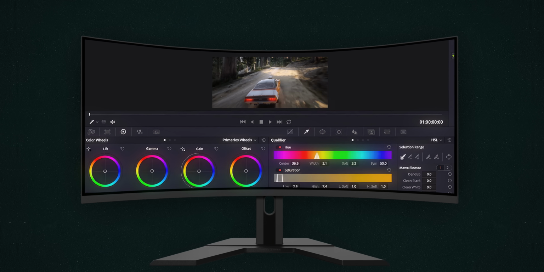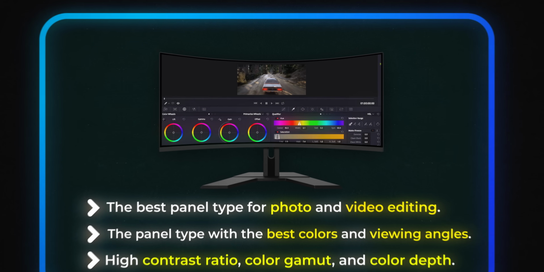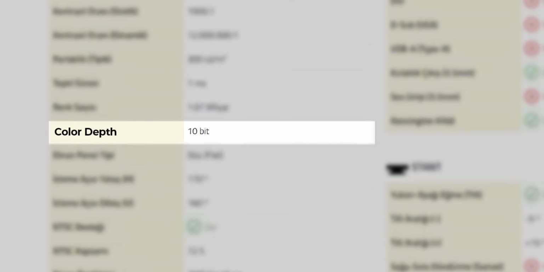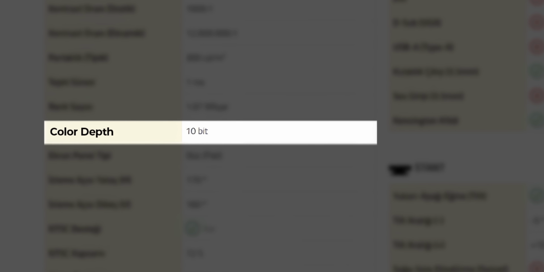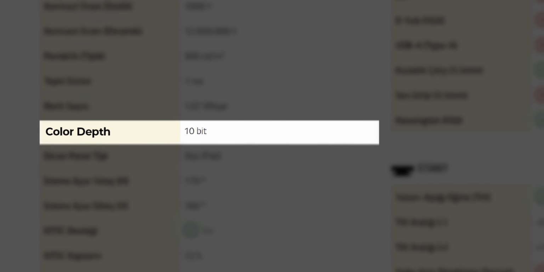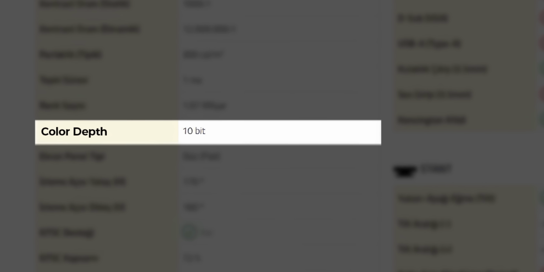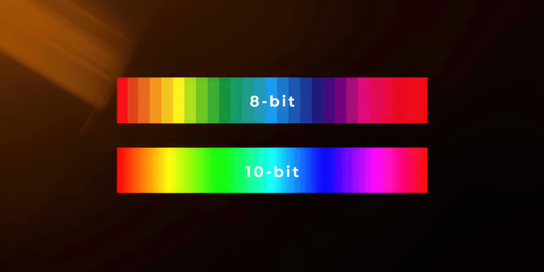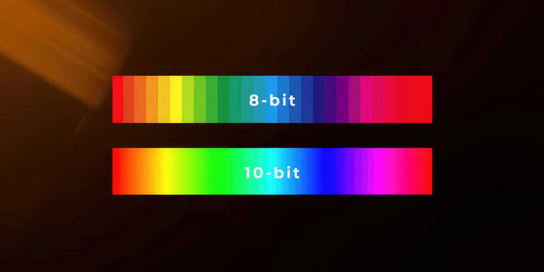Now, if you work with colors and you're buying a monitor, the three things I mentioned are crucial for you. Let me quickly explain them in order of importance. 1. Color depth. If you look at the technical specifications of any monitor, you'll see values like 8-bit, 10-bit, and so on. This indicates the number of colors the monitor can display. While 8-bit monitors can show 16 million colors, 10-bit monitors can display 1 billion colors.